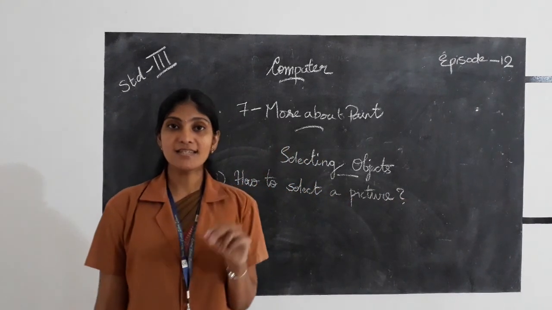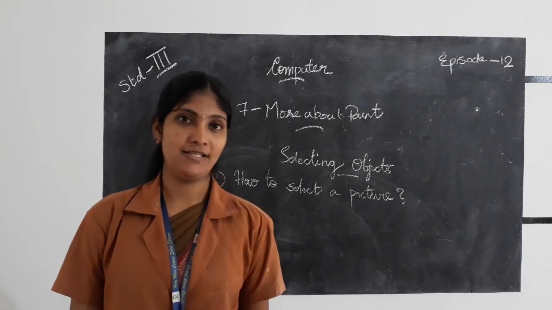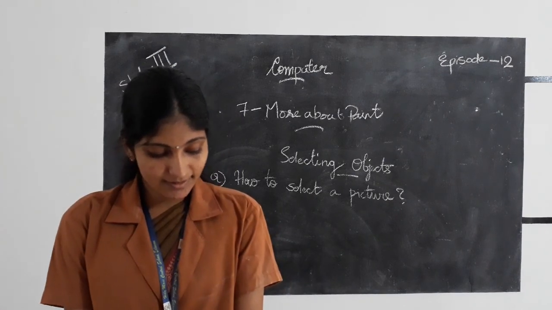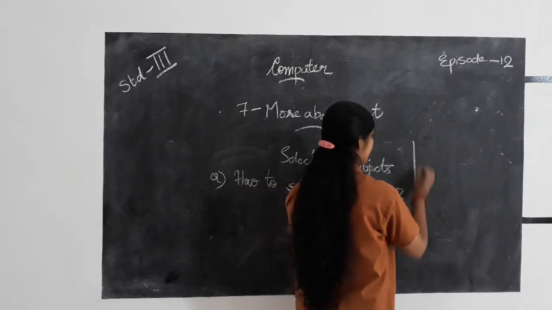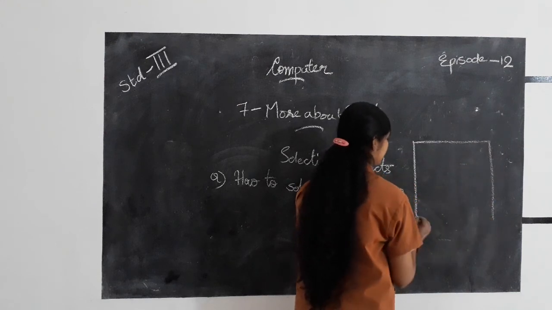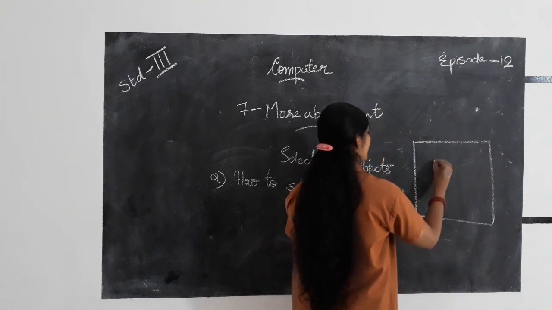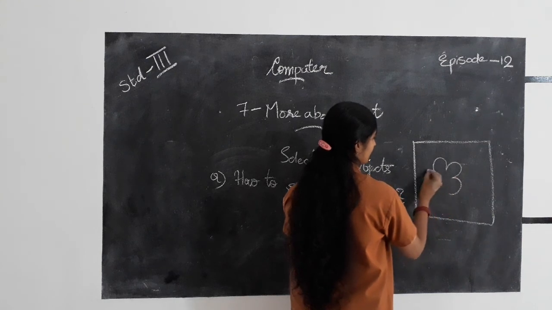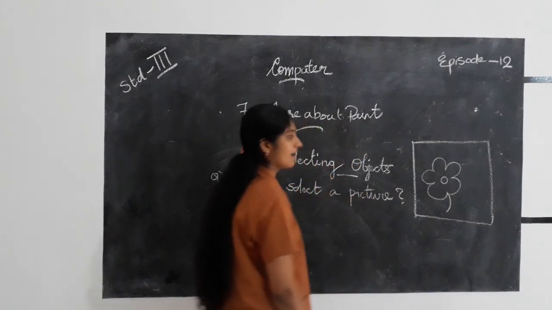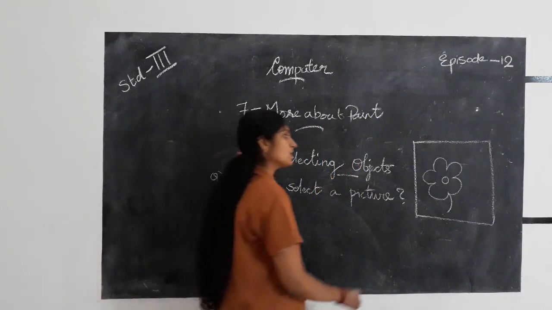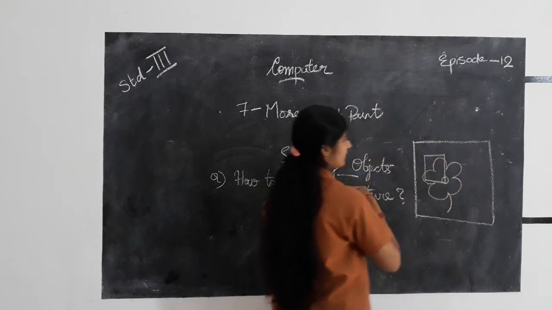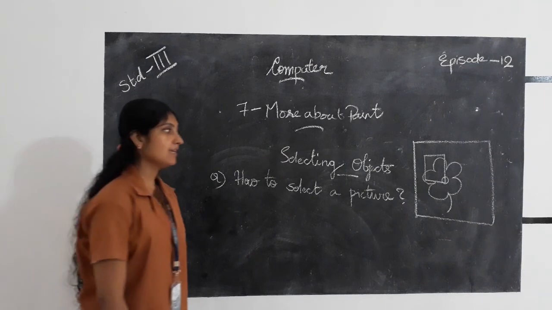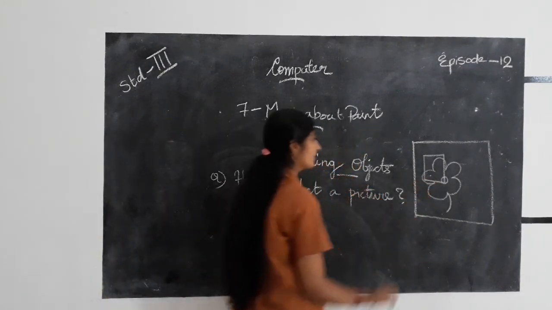There are some steps for selecting a picture. Let's start with the first one. Suppose this is our pencil drawing, and you want to select a part of this picture.